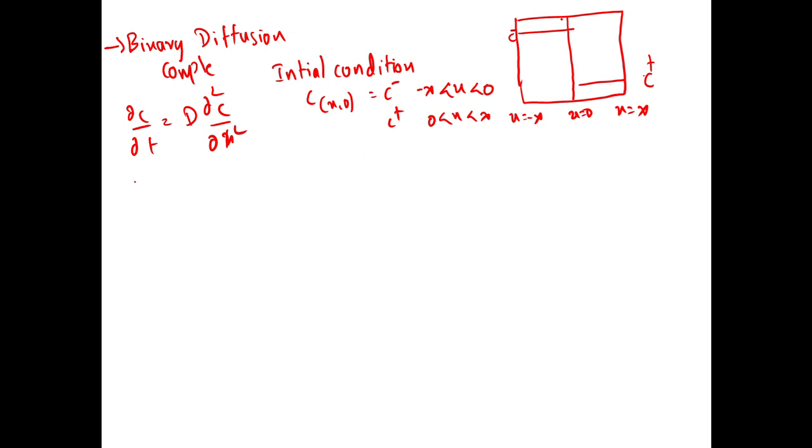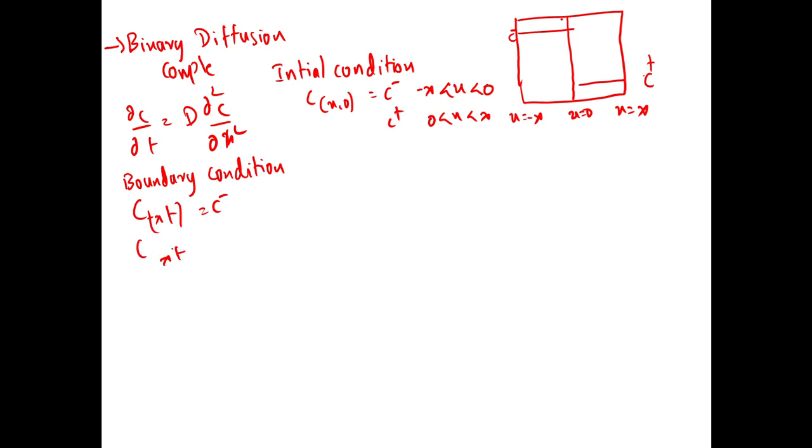And the boundary conditions are: at infinity, c minus.